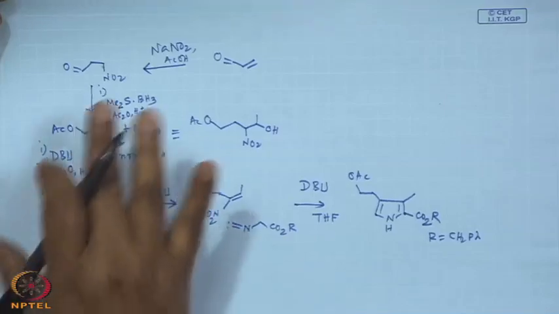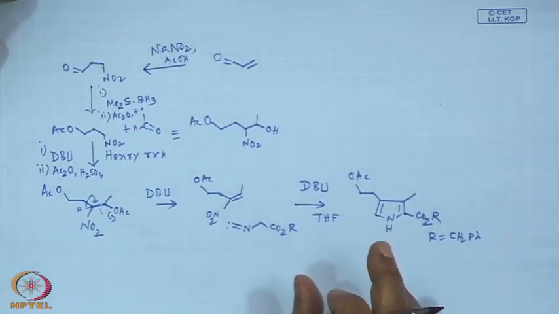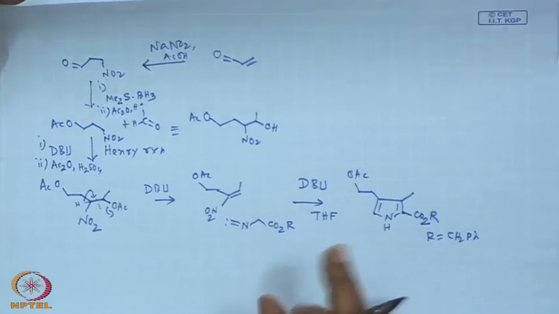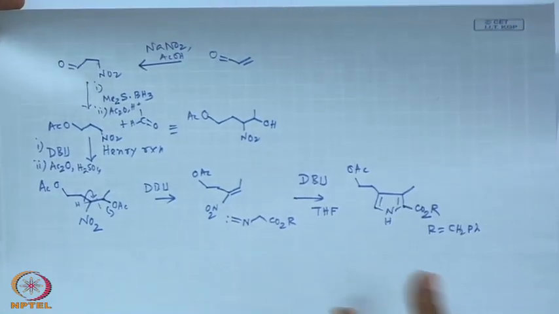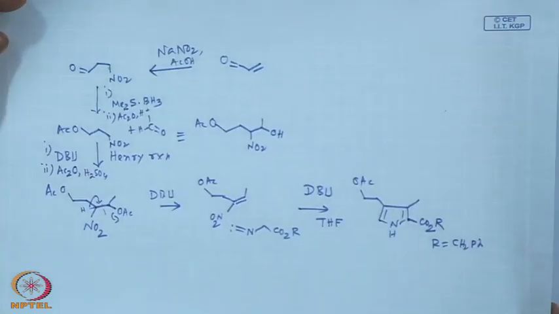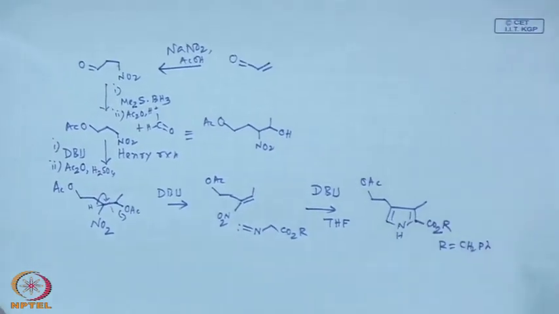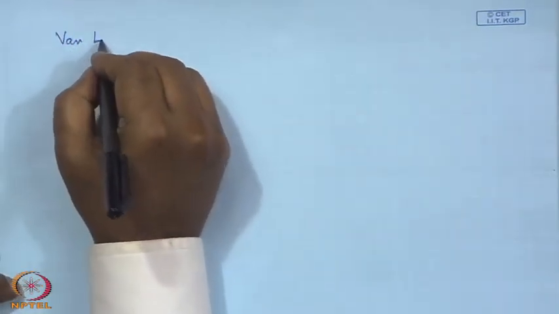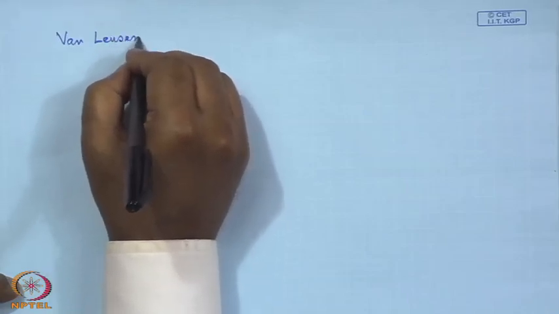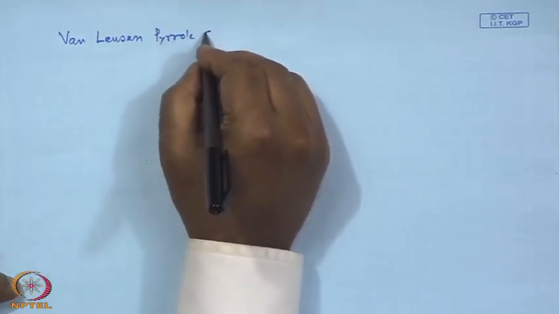Okay. So as a whole you see here the synthesis of the pyrrole has been eased by the use of the Barton-Zard reaction. Okay. Let us look at one more reaction. This is also a very powerful reaction. The next one we talk about is the Van Leusen pyrrole synthesis.